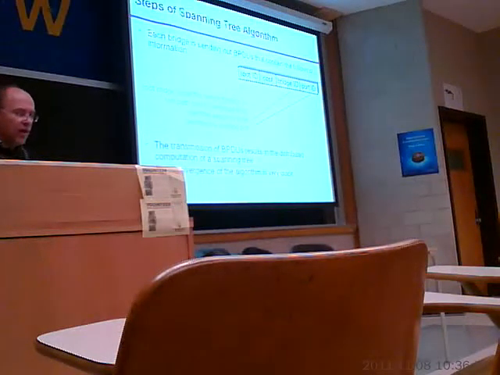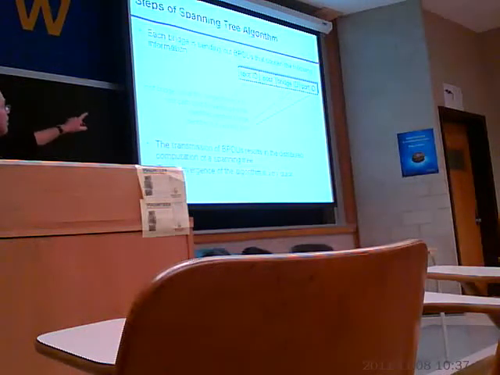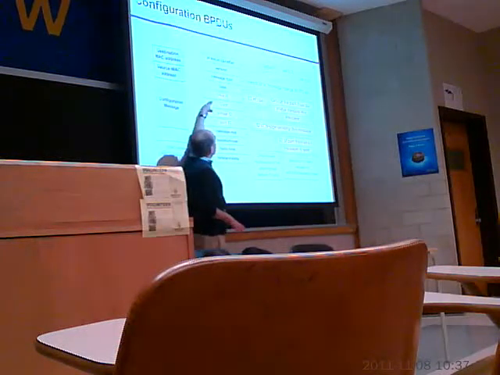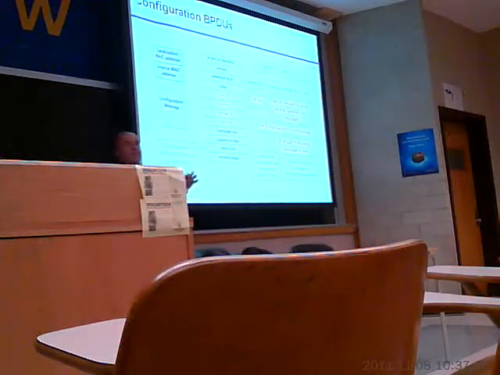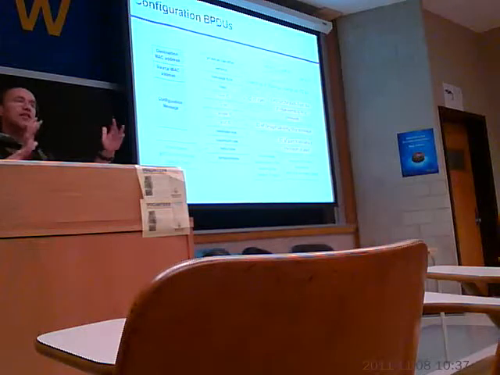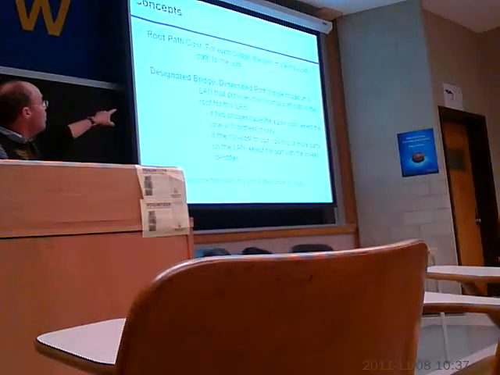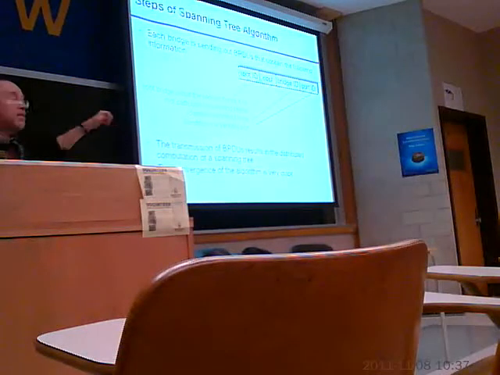All right. So now we're thinking about sending BPDUs. These fields here are essential for building the tree. So when I write a BPDU, I only write these 4 fields.